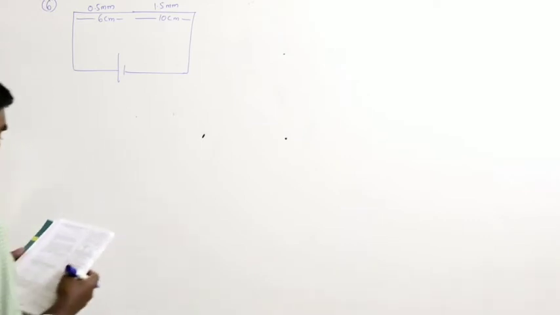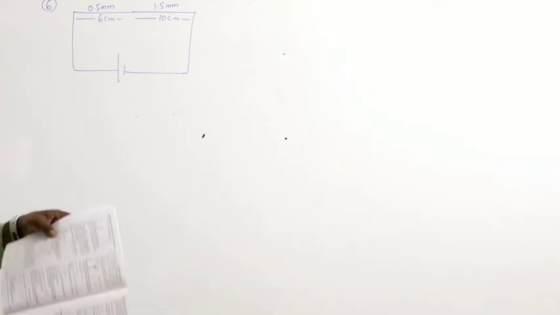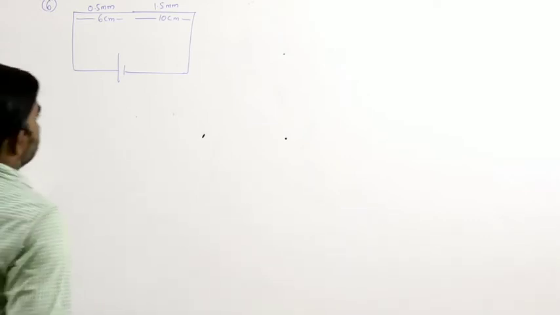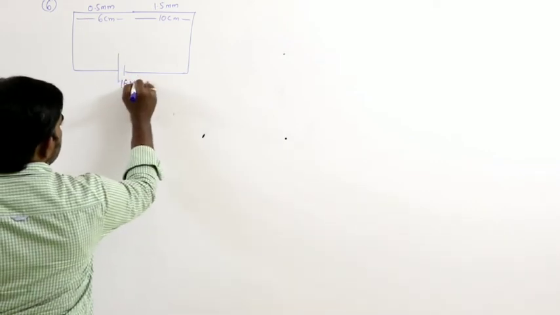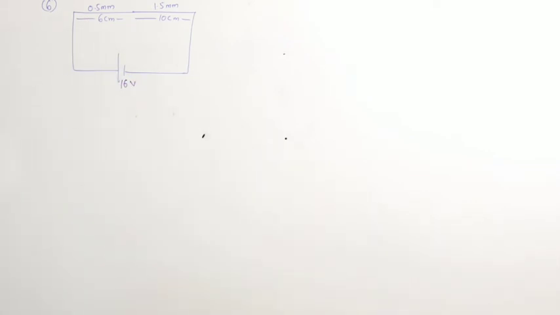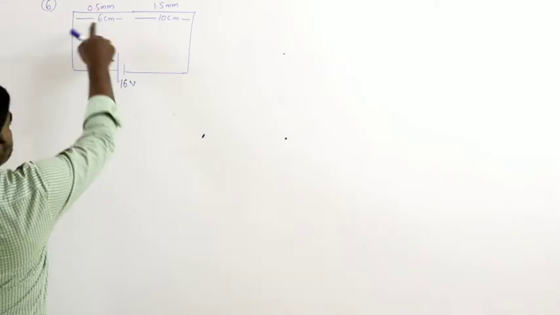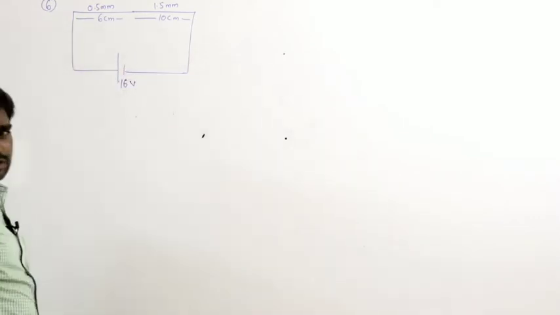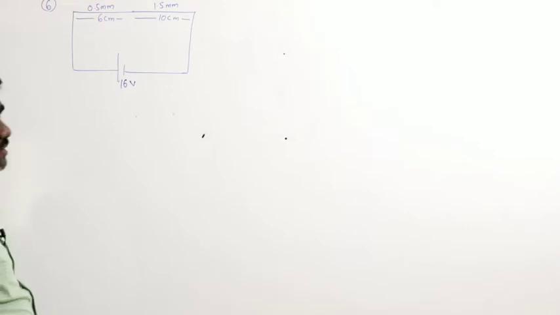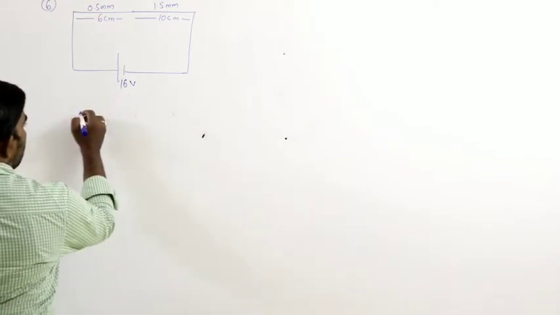What is the potential difference across the shorter wire? The battery is given as 16 volts. How can you calculate this? These two are in series combination. Series combination means the effective resistance is R1 plus R2. Now I is the same.